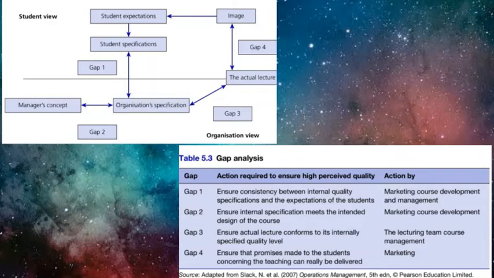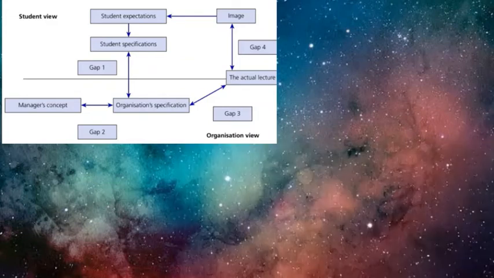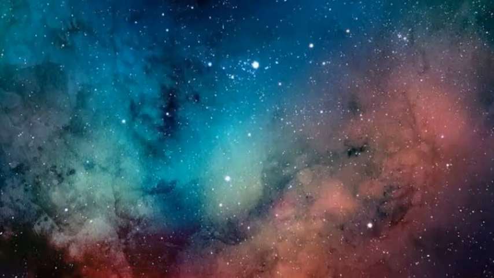And for the gap 2 is manager's concept and organization specification is to meet the intended design of the course. And for the gap 3 is to ensure the actual lecture. And for the last is the gap 4, the image is the promises made to the students concerning the teaching can really be delivered.